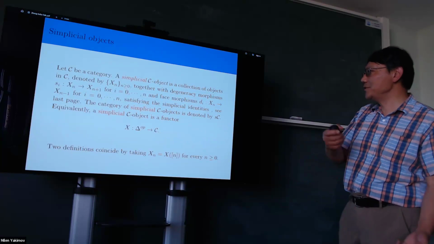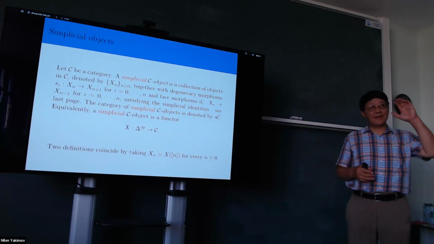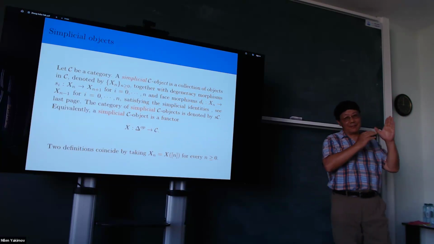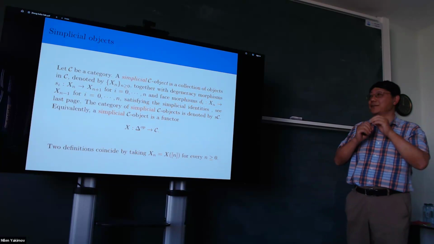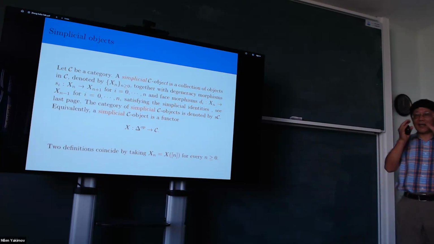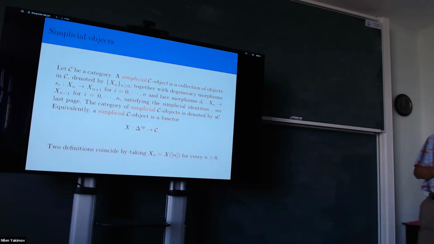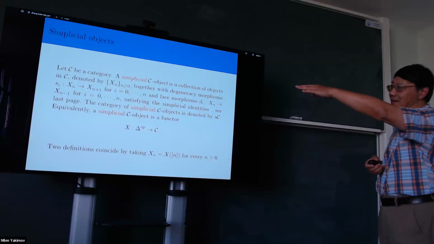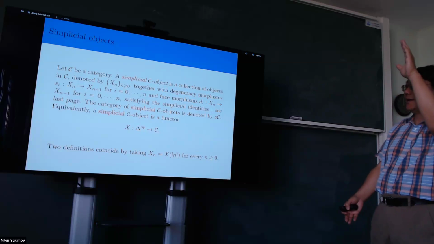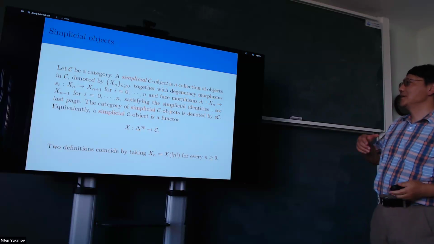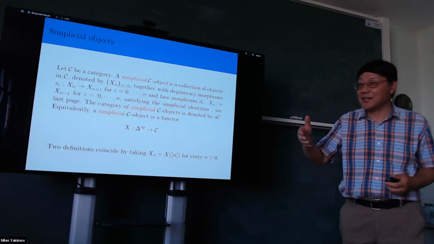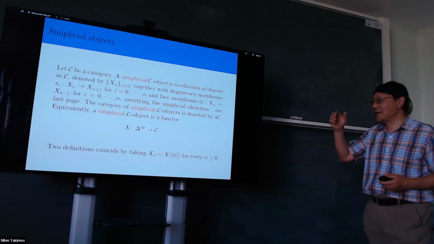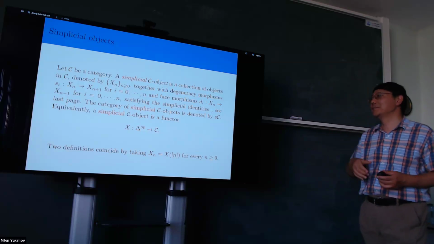Then a simplicial object. In the definition of simplicial set, we start with delta, then we map to the set category. Then we can replace this set category by any category C. So a simplicial C object is a collection of X_n in the category C, together with the degeneracy maps and the face maps, satisfying the same simplicial identities.